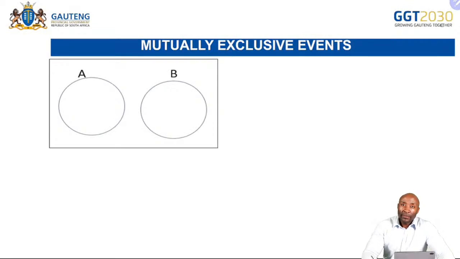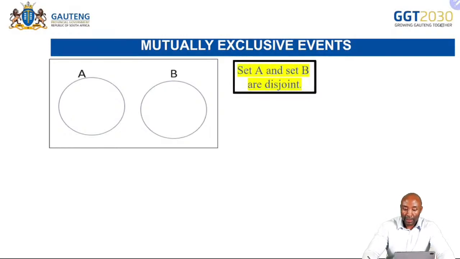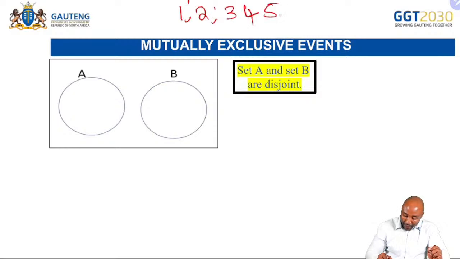Mutually exclusive events are events that cannot occur at the same time. For example, if I have numbers 1 up to 6, I will have 1, 2, 3, 4, 5, 6.